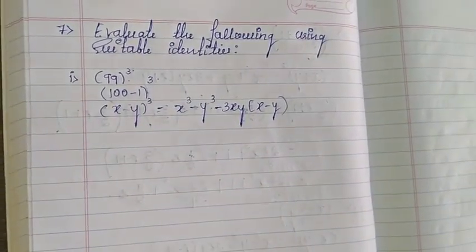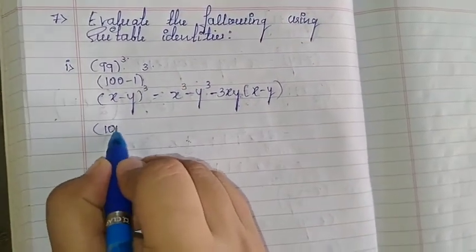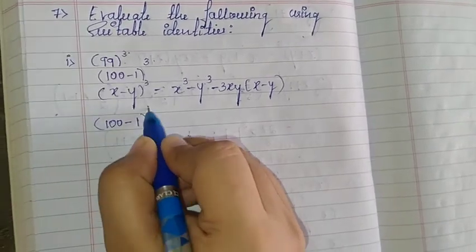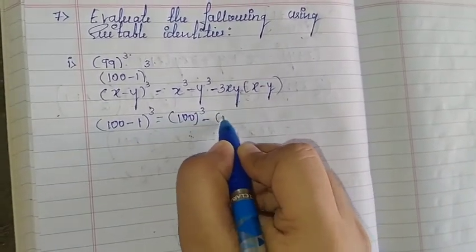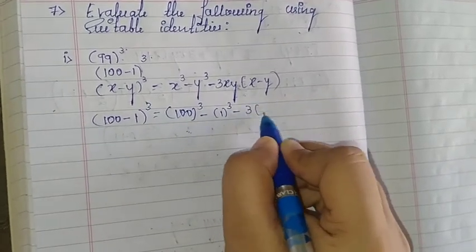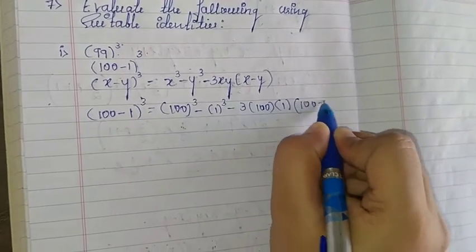So now just substitute the values of x and y over here. So in place of x 100 and in place of y here 1 is there. So 100 the whole cube minus 1 the whole cube minus 3 into 100 into 1 into (100 minus 1).